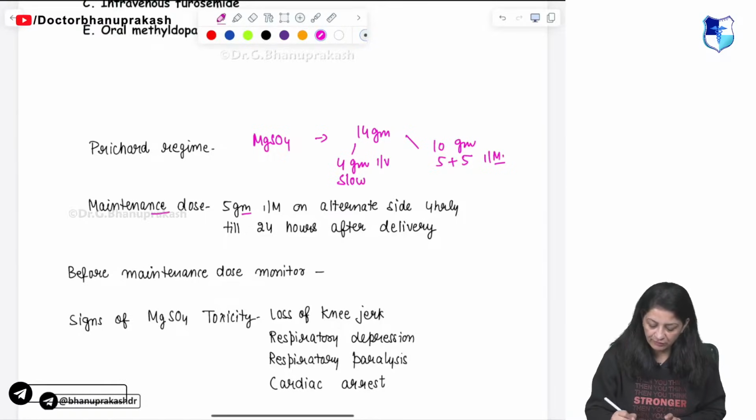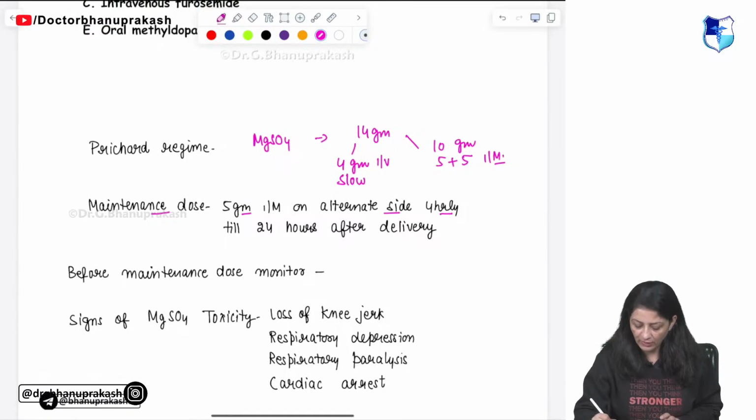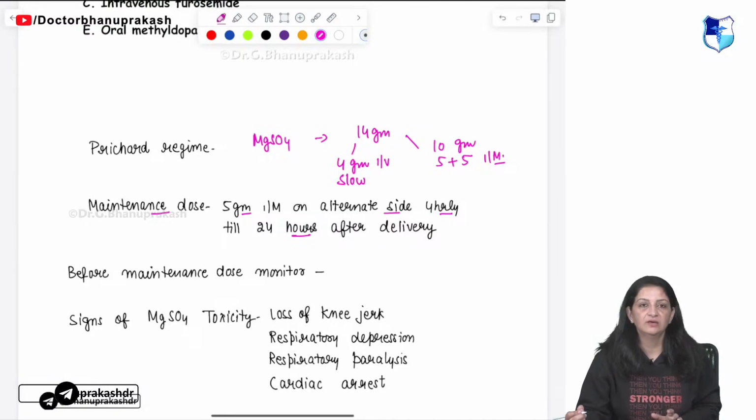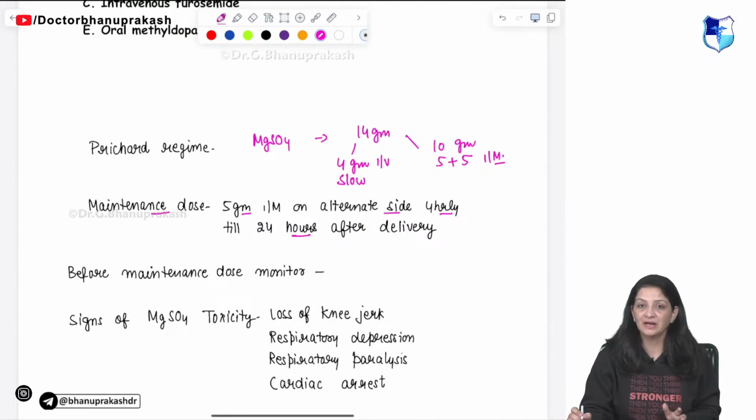Maintenance dose 5 grams intramuscular on alternate side 4 hourly till 24 hours after delivery. So this is called the Pritchard regime. Magnesium sulfate is the drug of choice in case of impending eclampsia and eclampsia.